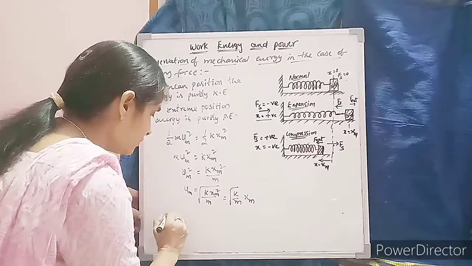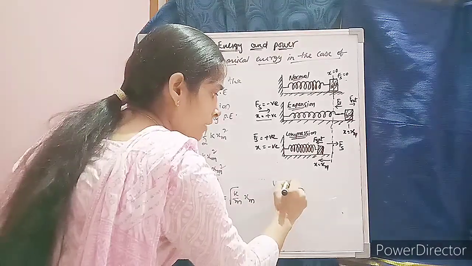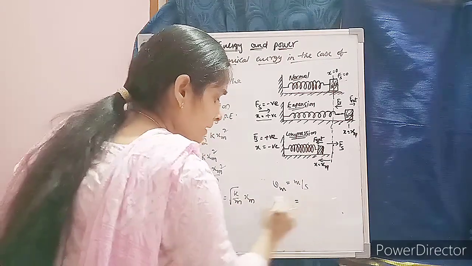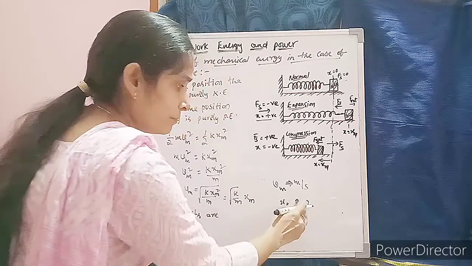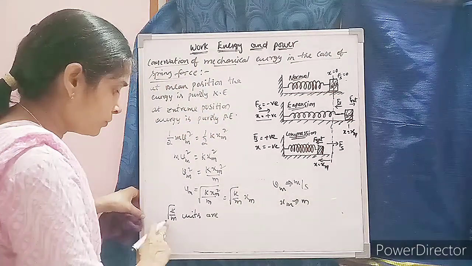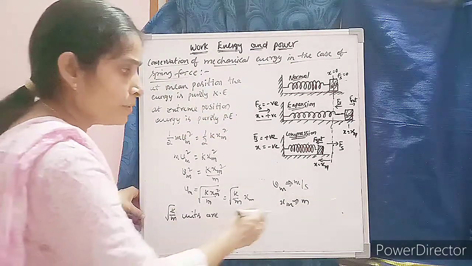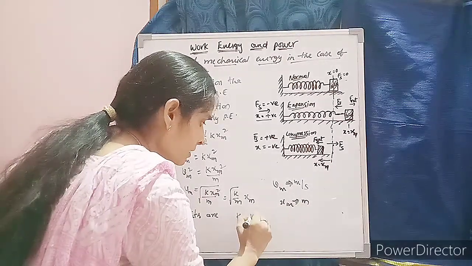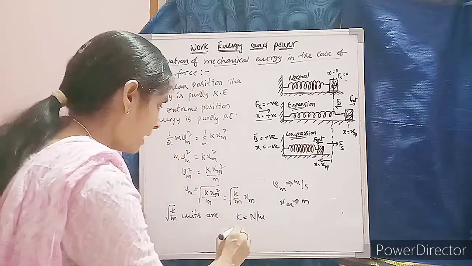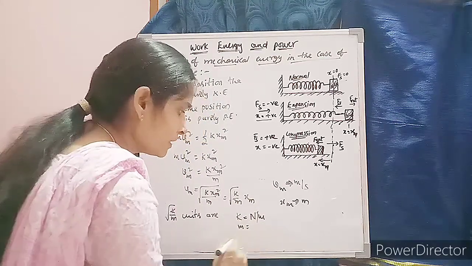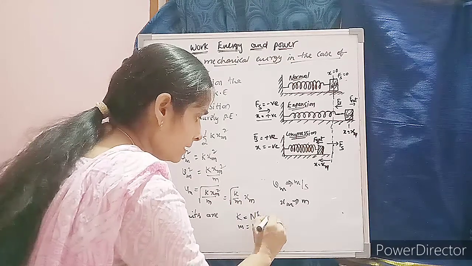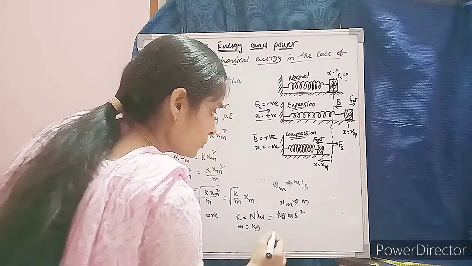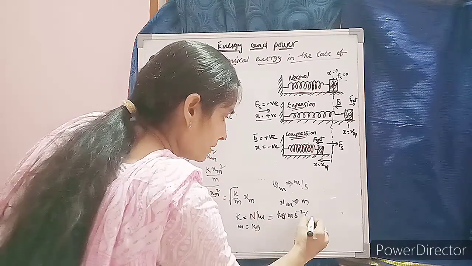Vm should have the units meter per second. Here xm is displacement, so units are meters. Now for the square root of k by m, unit should be per second. So let me check. K has the units Newton per meter and mass has the units kg, so the k units become kg meter per second power minus 2 by meter.